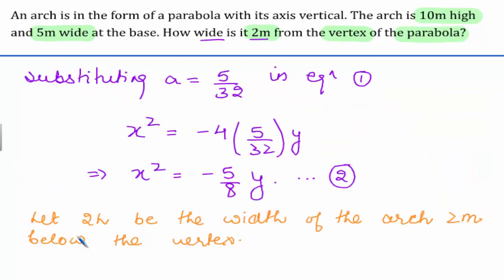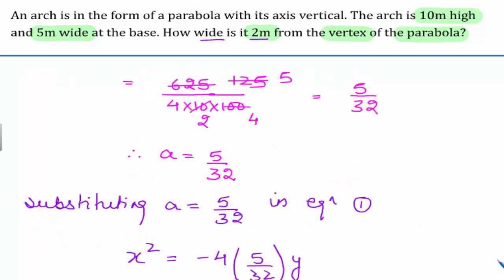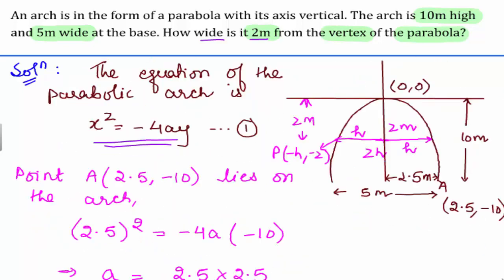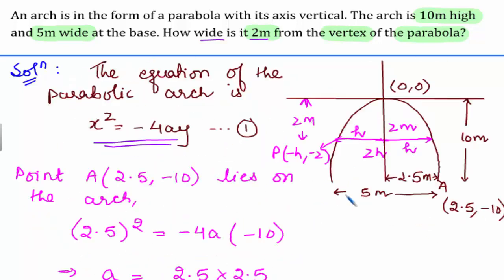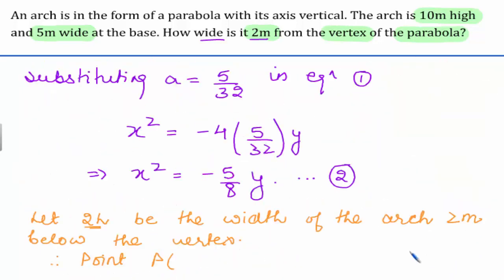So we have assumed that the width of the parabolic arch 2 meters from the vertex is 2h. Therefore, point P with coordinates (-h, -2) lies on the arch. That is, this point will satisfy equation number 2.